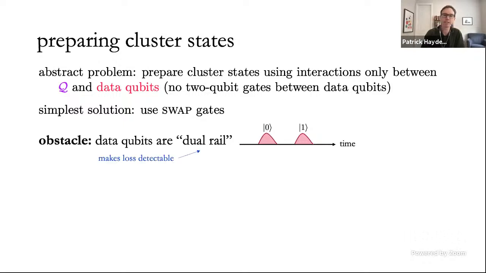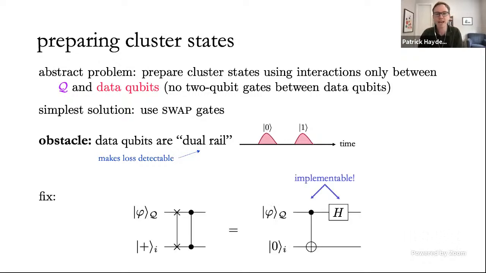And the reason for doing that is that this makes losses in the waveguide detectable. And detectable loss errors are orders of magnitude more benign than losses when you don't know that they've happened. And so if the presence or absence of a pulse was your qubit, then when there's a loss, you don't know whether that was a 0 or a lost qubit. But if you use a dual rail qubit, then losses are much more benign.